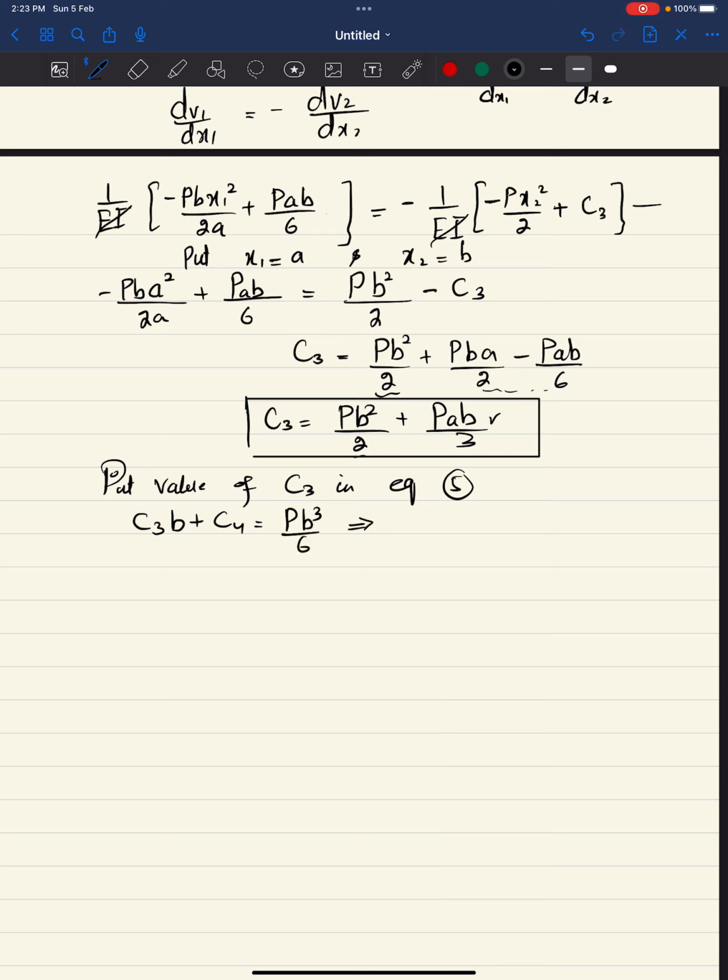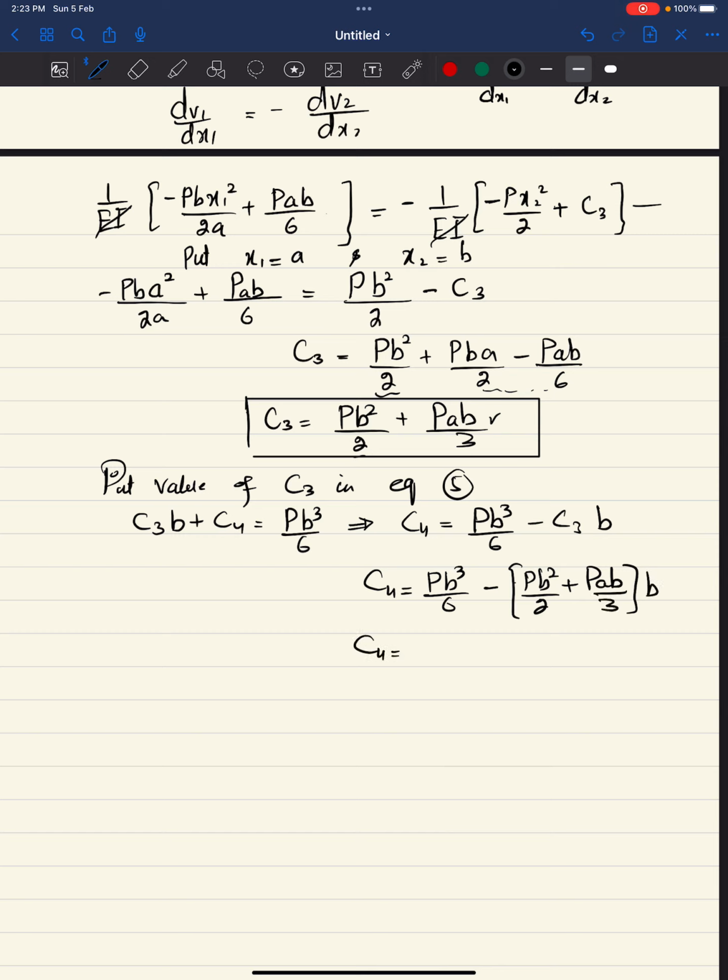So from here you will get C4 is equal to Pb cube over 6 minus C3 into b. So C4 is equal to Pb cube over 6 minus, C3 is Pb square over 2 plus Pab over 3.